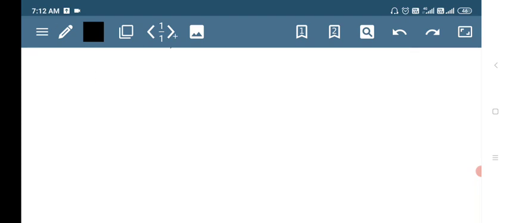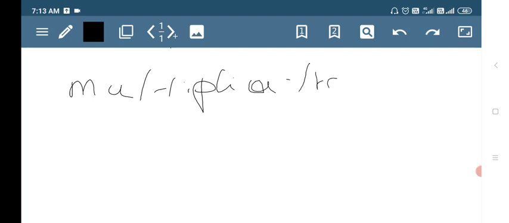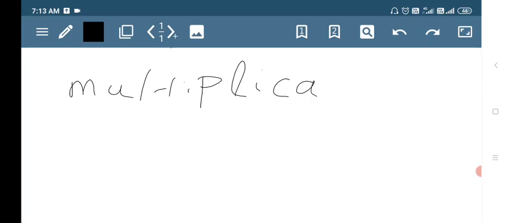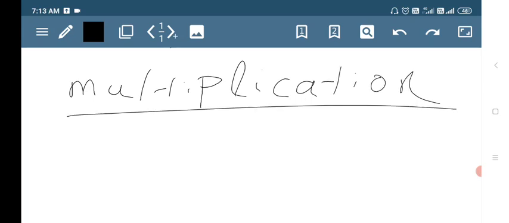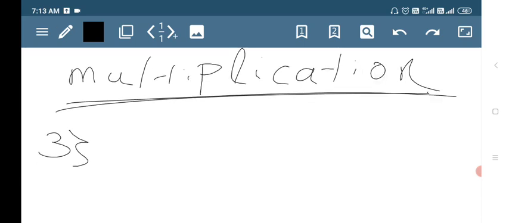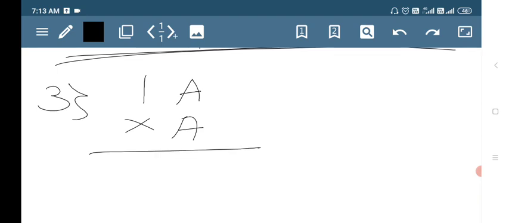So, next, multiplication. The third question belongs to the multiplication here. 1A into A will give you 9A.